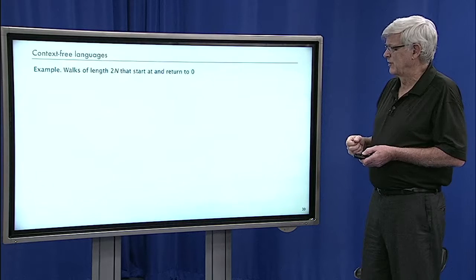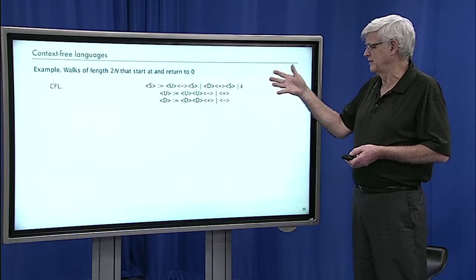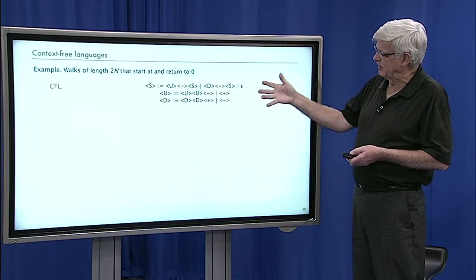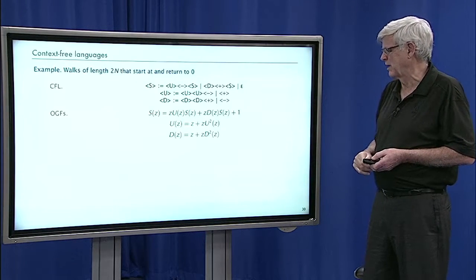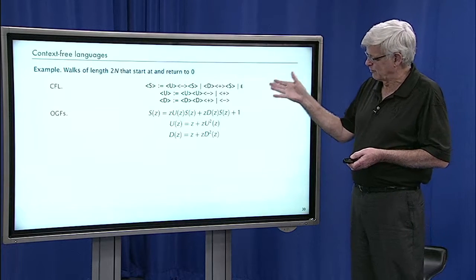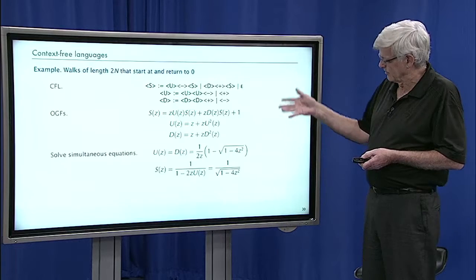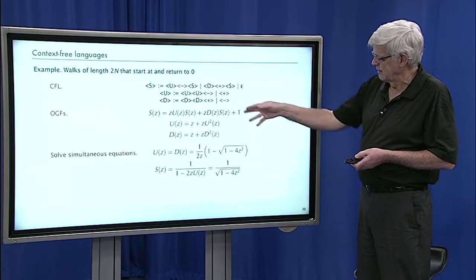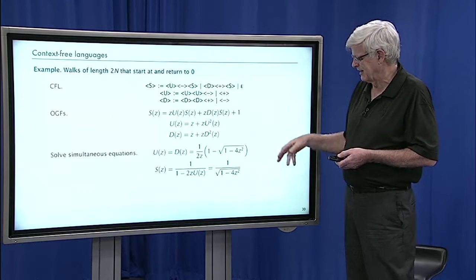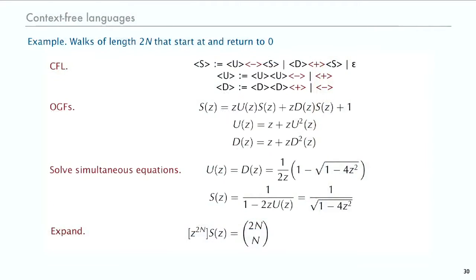And that construction is a context-free language, so we can use the symbolic method to get generating function equations. This time there's 3 equations in these 3 unknowns. And solving those equations simultaneously, they're like the tree equation actually, and the end result is that the number of such walks is 2n choose n.